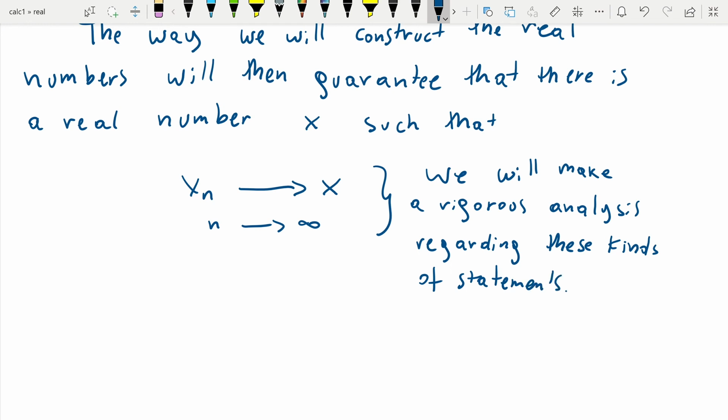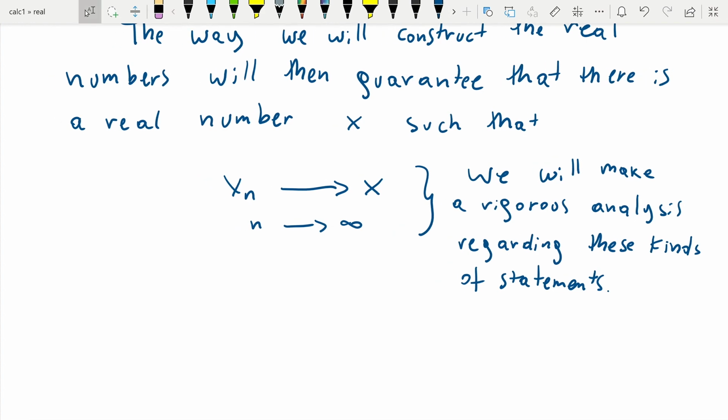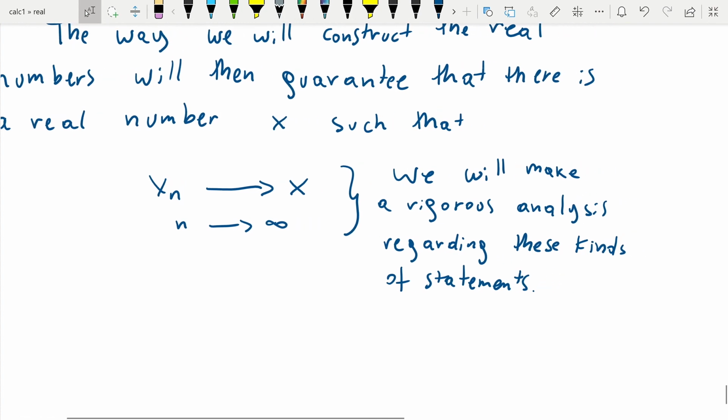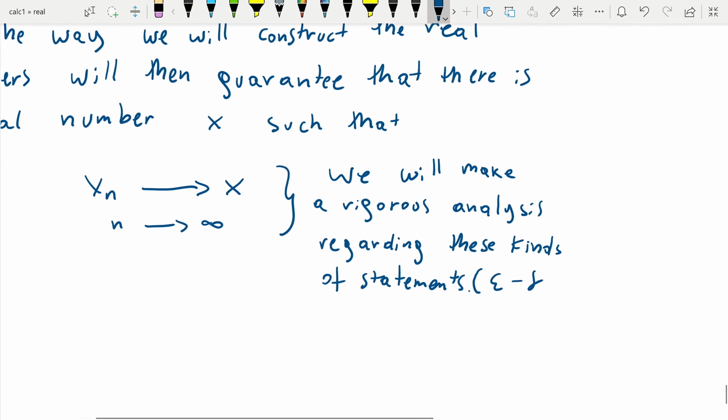So basically everything that we kind of hand wave in the calculus sequence theory, when we said something converges to something, will be treated very rigorously here with epsilon deltas. So here, this is what we mean by that: epsilon delta treatment.